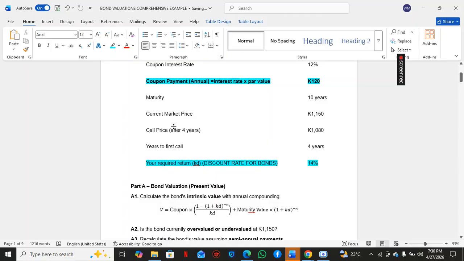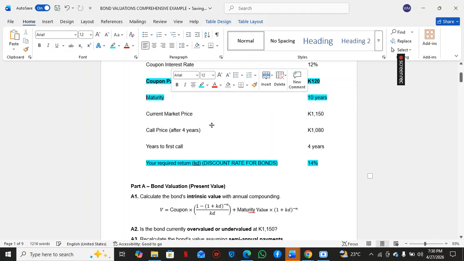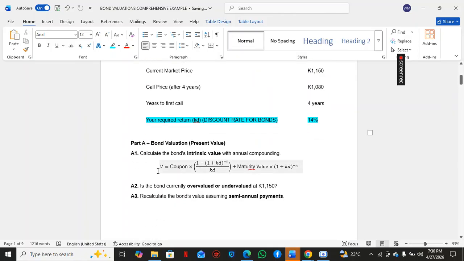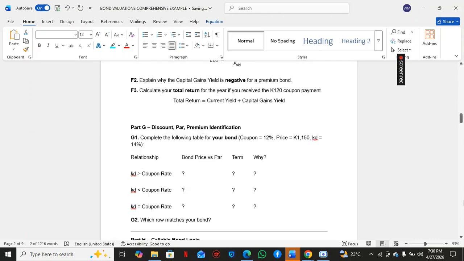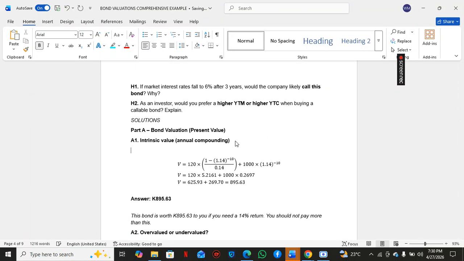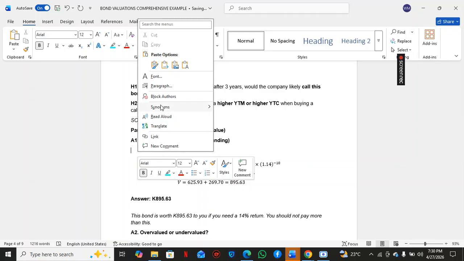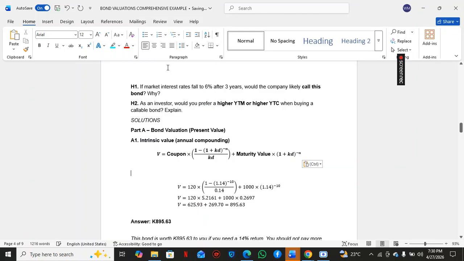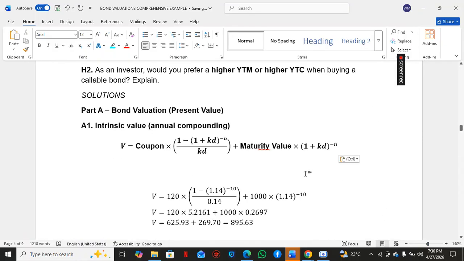Our N, the number of years, is 10 years. So we just substitute this information in here. All right, so it's like this.